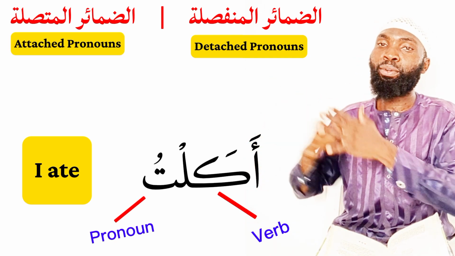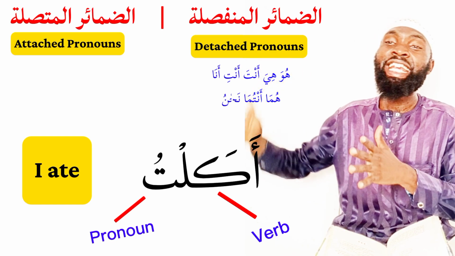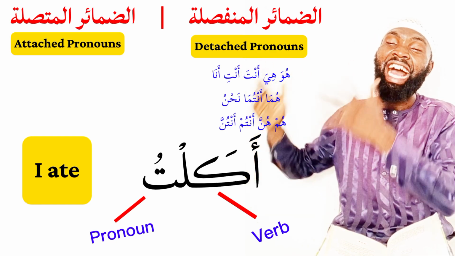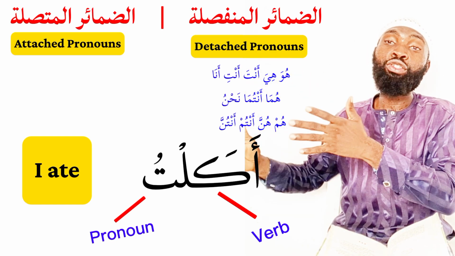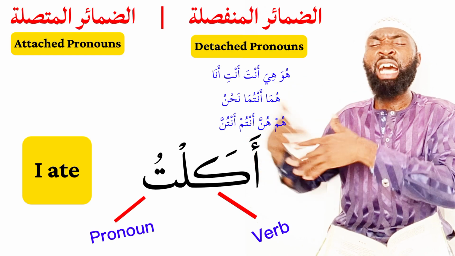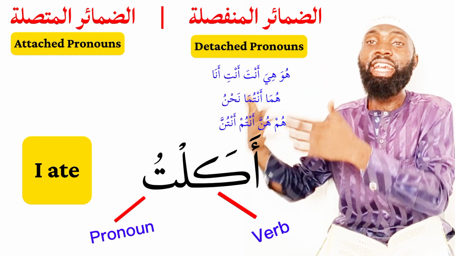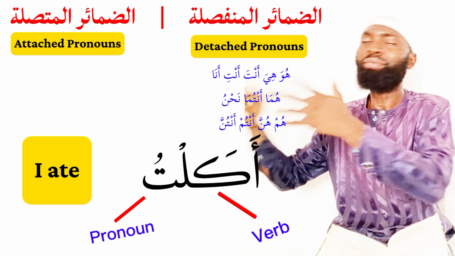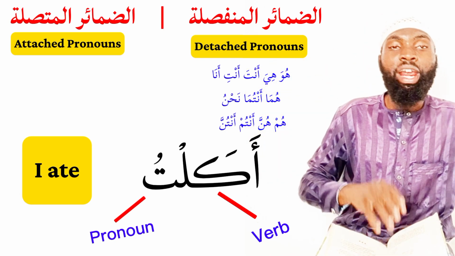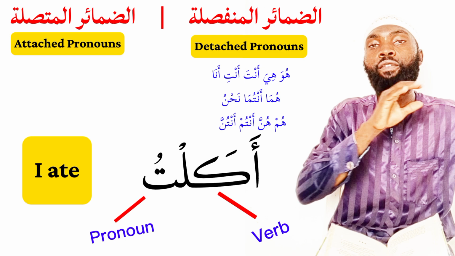The detached pronouns are huwa, hiya, anta, anti, ana, huma, antuma, nahnu, hum, hunna, antum, antunna. These are the detached pronouns: he, she, we, I, me, and the rest of them. Then we have the attached form of these pronouns.